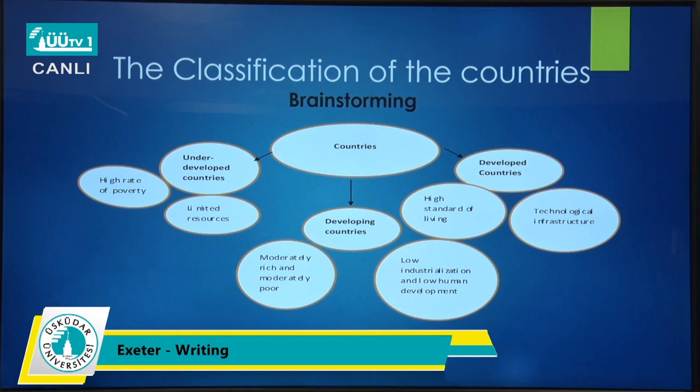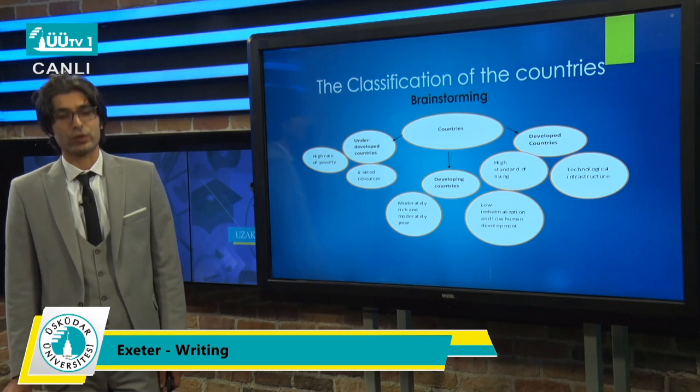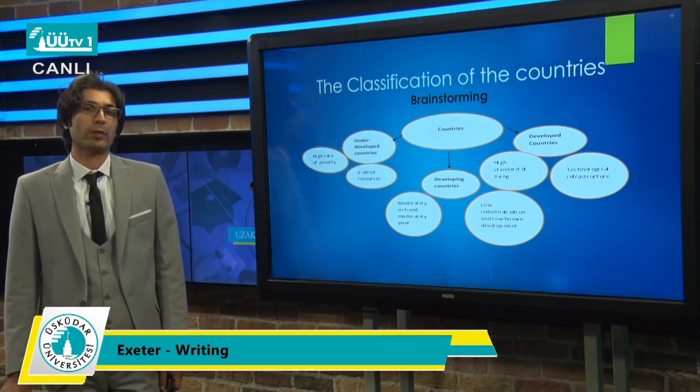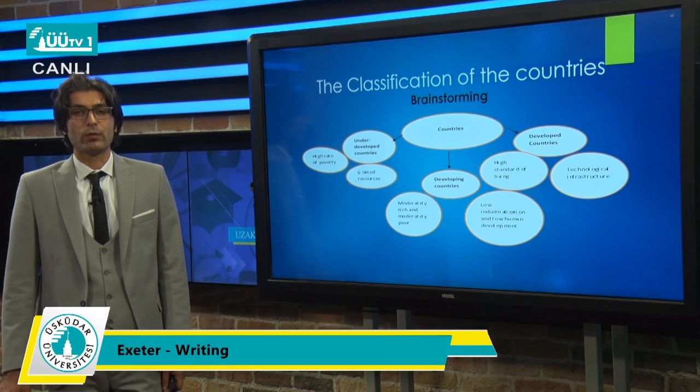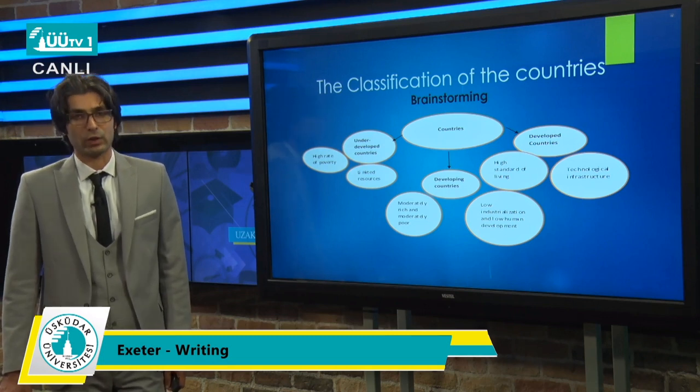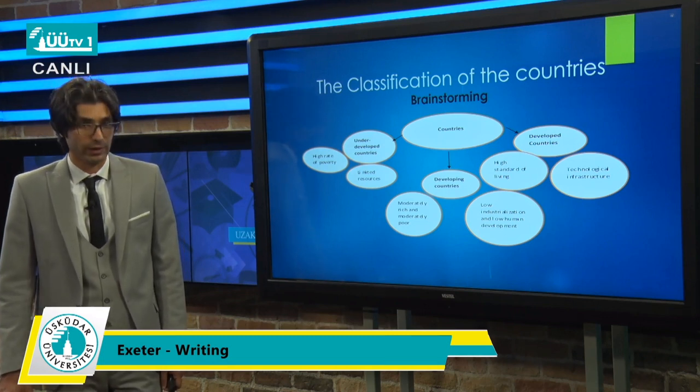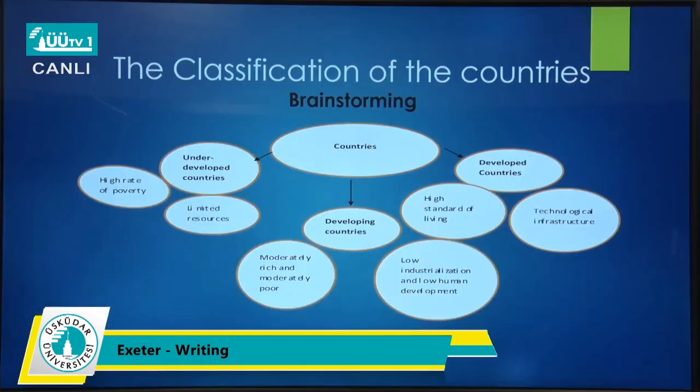As I told you before, the first step is brainstorming. What is brainstorming? We should bombard our mind with lots of words related to the topic. You can see here, we have three kinds of countries based on their economic situation: underdeveloped countries, developing countries, and developed countries.